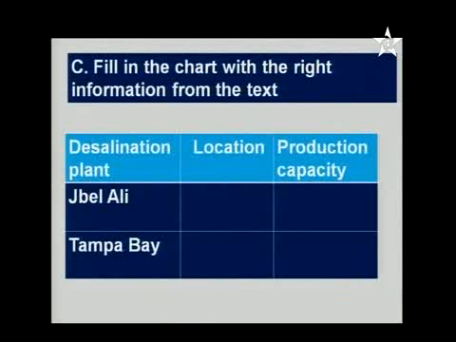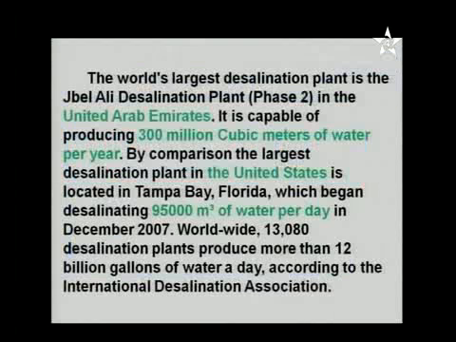Of course, we need to find the location, that is to say, where are Jebel Ali and Tampa Bay? In column 2, you have to find the information about production capacity. That is to say, read the text, find the location of these plants, and number 2, write down the production capacity of each plant. Here is the paragraph.